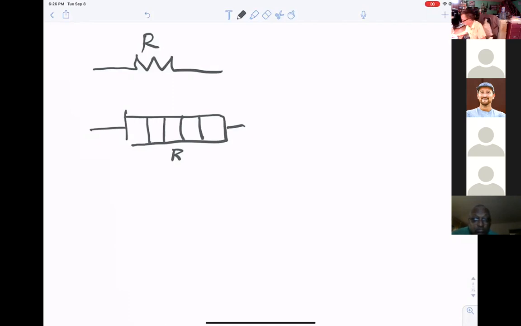That means if you get a current I flowing through the resistor, if the resistor is really big, the current will be small. If the resistor is small, then the current will be bigger. Okay, why do we need the resistor in electronics? So you don't blow stuff up? Not quite. To limit the current.